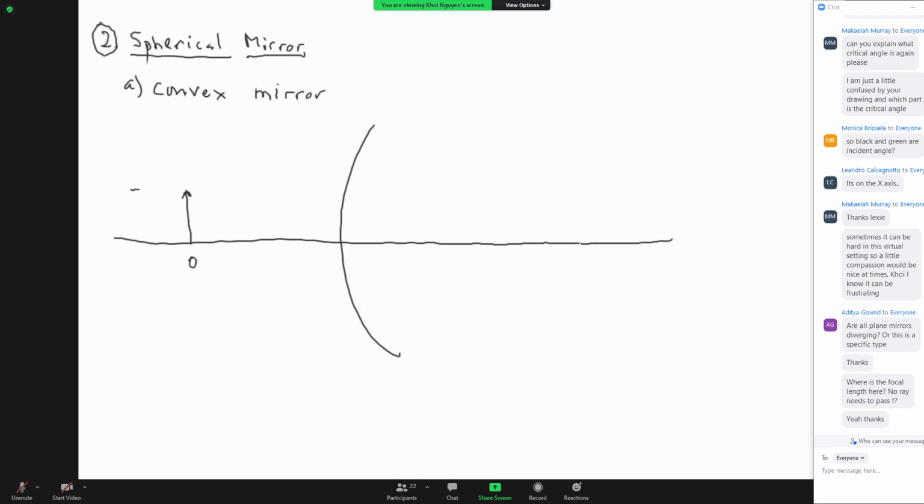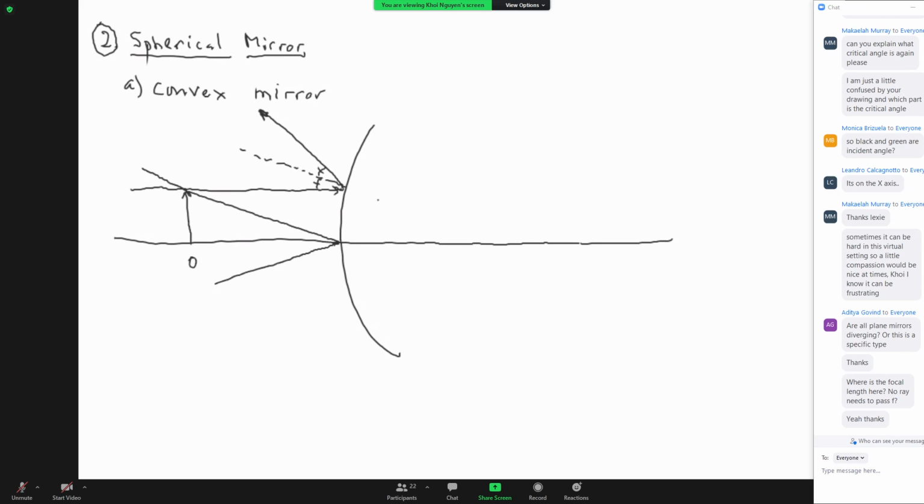Parallel light ray that hits in. Realize that this is the convex mirror. Law of reflection tells us that it reflects out this way. So this would be your normal. So this angle is equal to this angle. Okay. The other ray is the one that goes to the center.